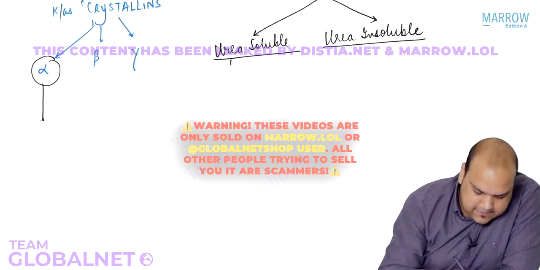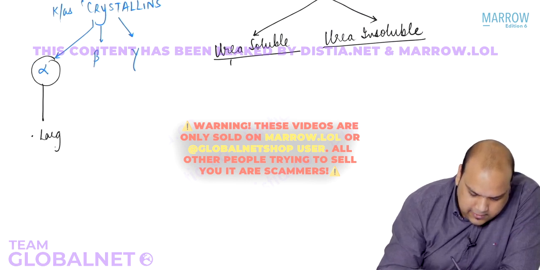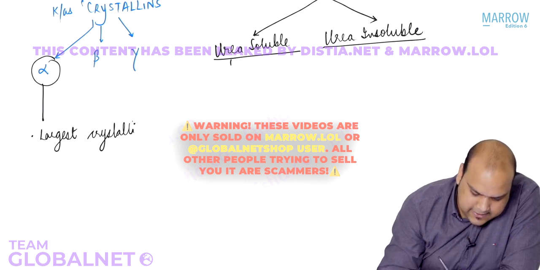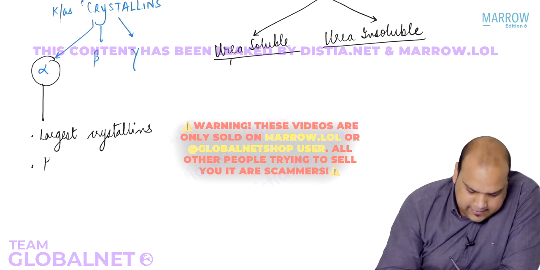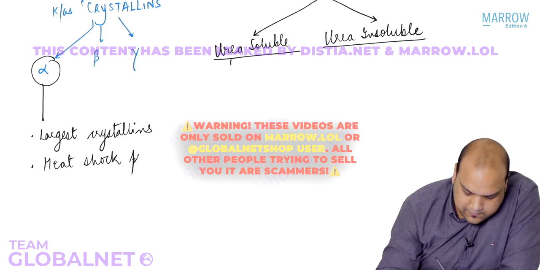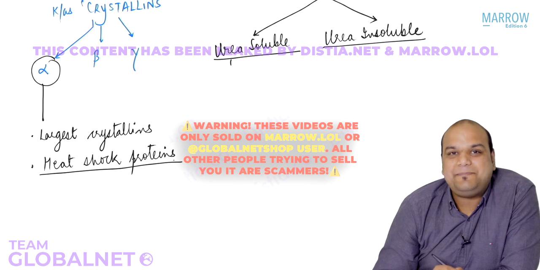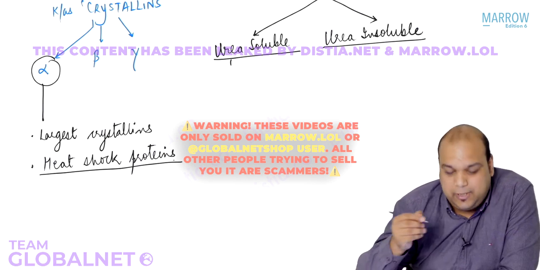Alpha crystallines, they are the largest crystallines in size, guys. Their function is that they are heat shock proteins. They are HSPs, heat shock proteins.